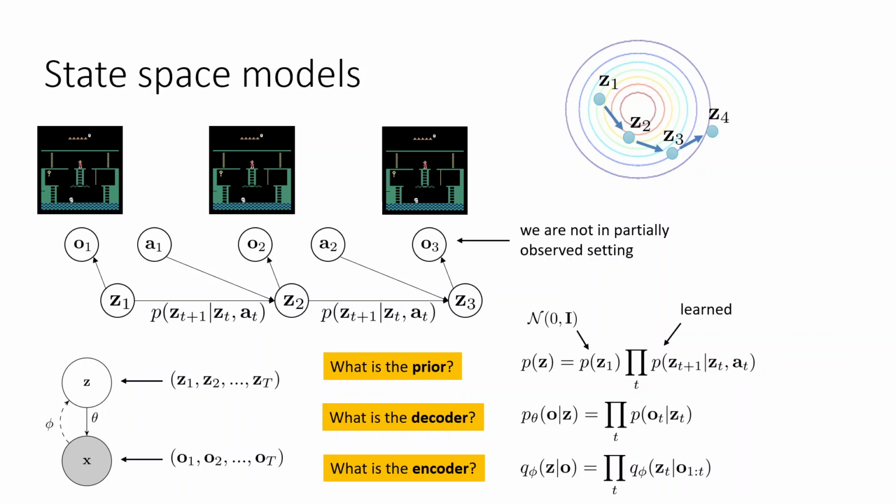Now, there are many different ways to represent the encoder. The encoder could also take previous z's into account. It could be structured in many different ways. We talked about some of the ways to structure the encoder in the model-based RL lectures, and the papers that I'm going to mention next all actually have different encoder architectures. I won't go into the details about how all these encoders could be structured, and the simplest one to imagine is the independent encoder I have here.